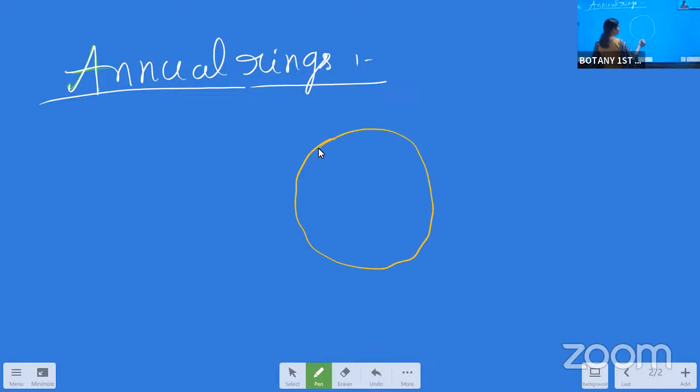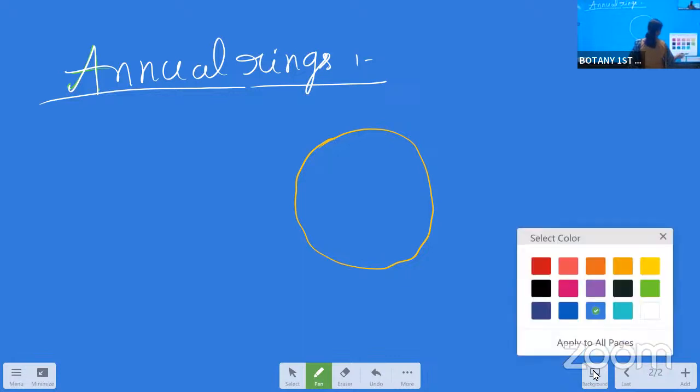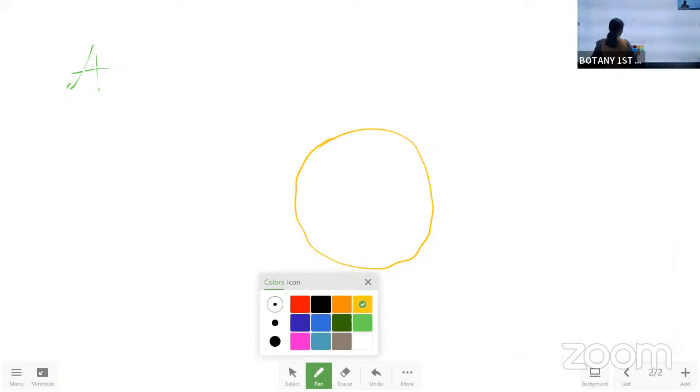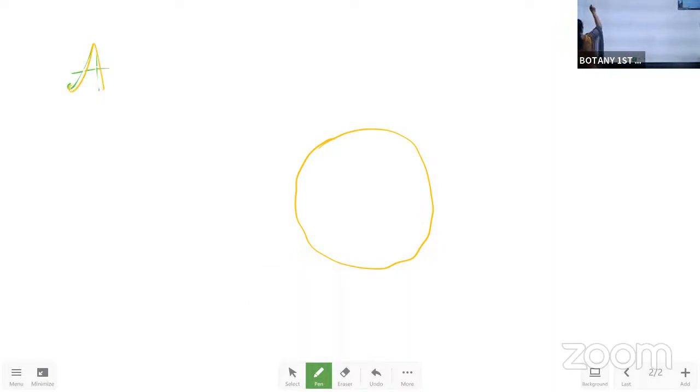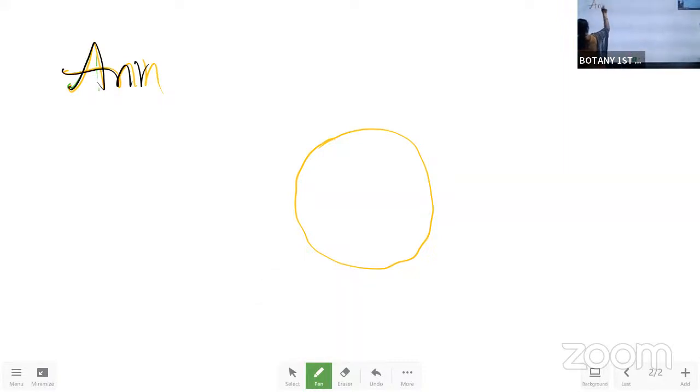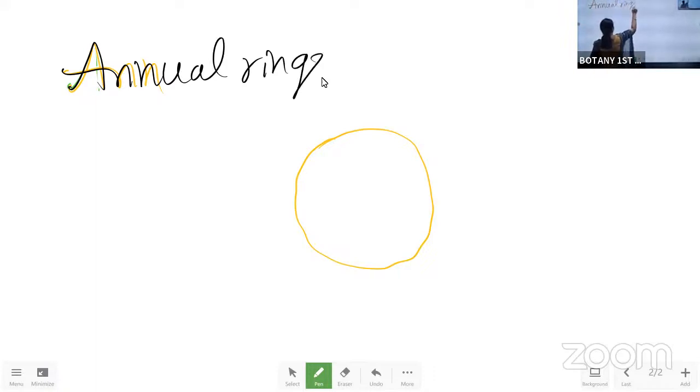When we are drawing on the white page, which color do we need to use? Annual rings.